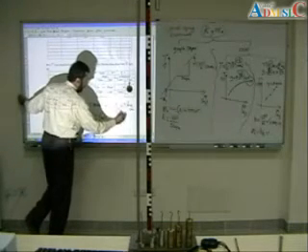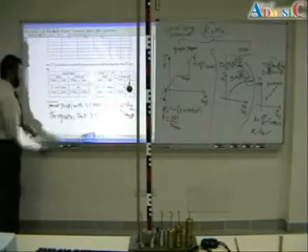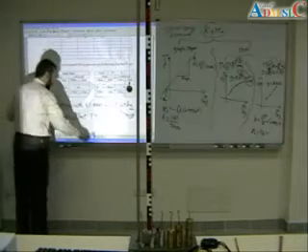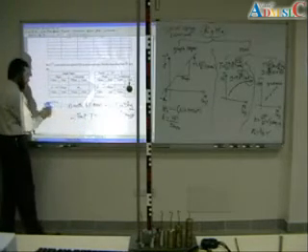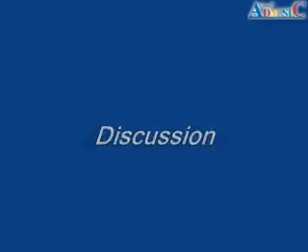So 0.5, I got 0.48, so this is good. I satisfy the equation with the percentage error, and because of the M naught, I cannot get exactly 0.5, and this is logical.